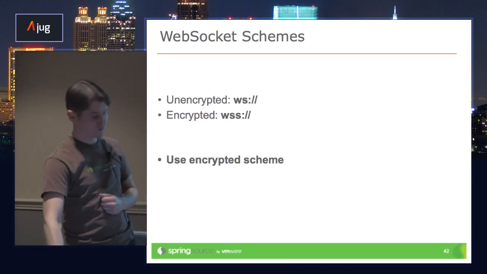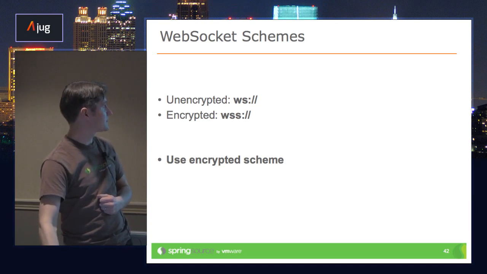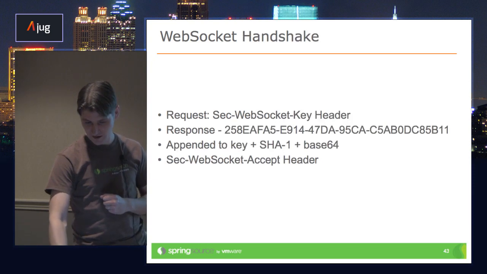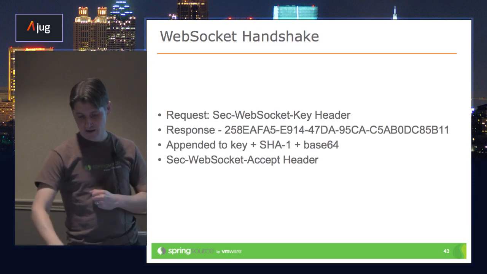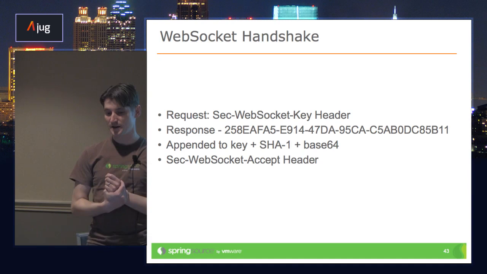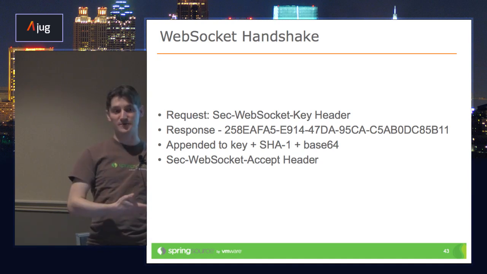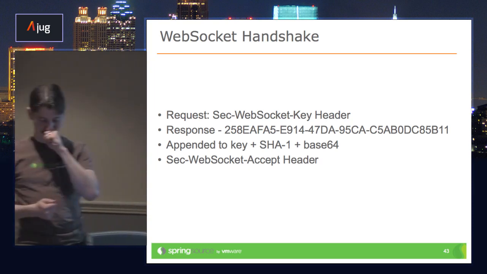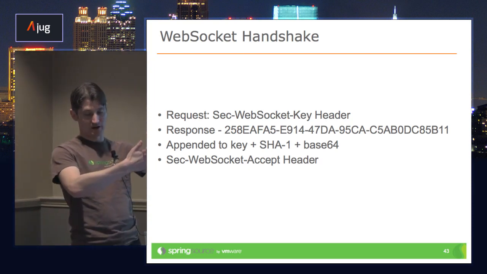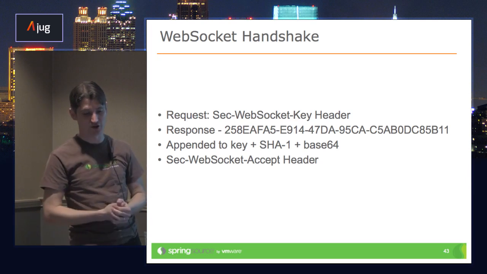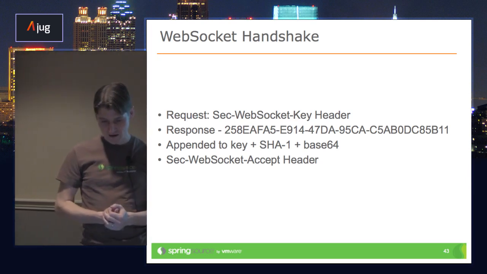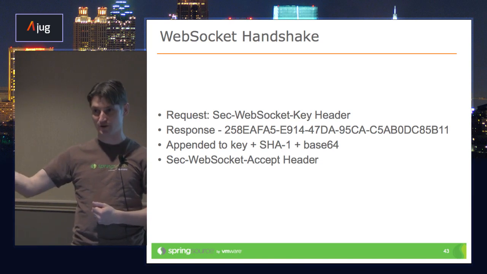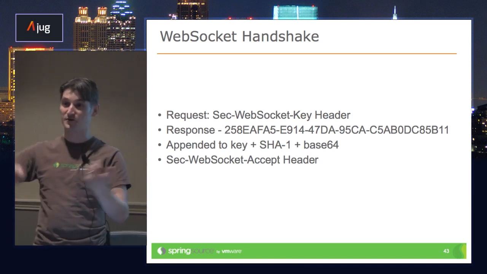There are different schemes: unencrypted is WS, and encrypted is WSS, and you should use the encrypted scheme if possible. One thing that happens when you establish a WebSockets connection is the WebSocket handshake. Basically, the client establishes the connection by sending an HTTP request to the server, and sends a key to the server in order to make sure that you trust the server.